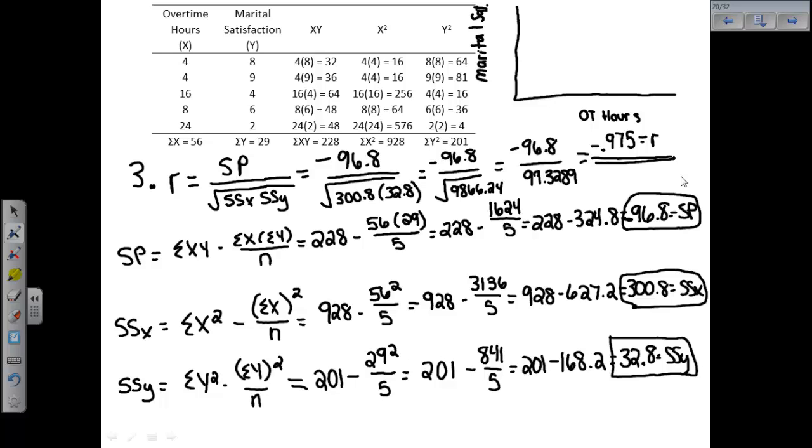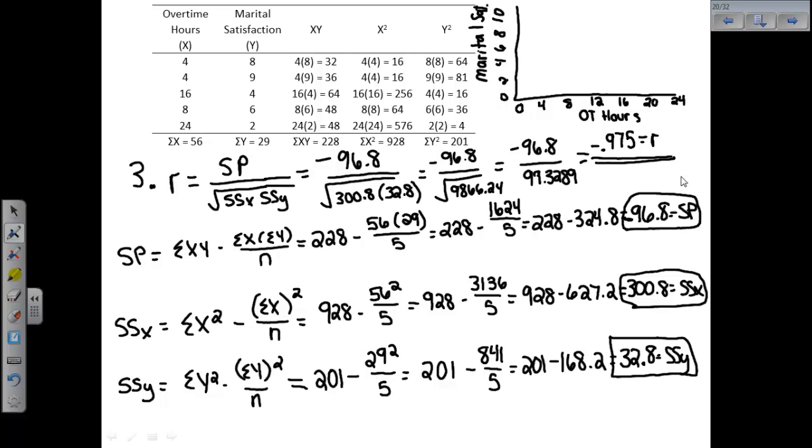Overtime hours ranges from 4 to 24, so I'm just going to count by 4: 0, 4, 8, 12, 16, 20, 24. And marital satisfaction ranges from 2 to 9, so let's just do 0, 2, 4, 6, 8, and 10.